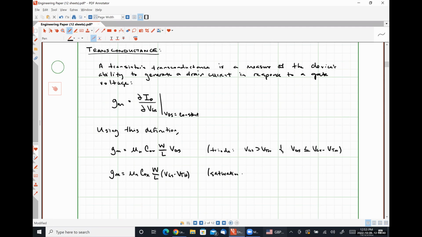We're going to look at this before we introduce a couple of different ways to look at this real quick. We're reminding you here briefly that saturation occurs when VGS is greater than VTH and VDS is greater than VGS minus VTH. So which of these two quantities, in the triode region or the saturation region, do we expect to be larger?